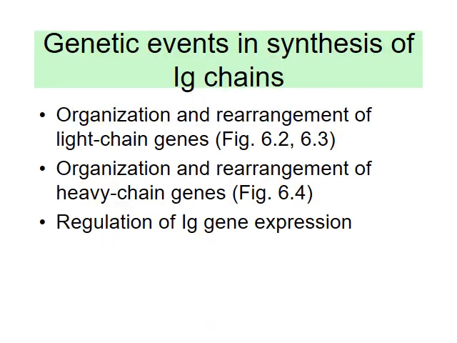Now, if you look at the genetic events in the synthesis of immunoglobulin chain, you will see firstly organization and rearrangement of light genes that we will discuss in figure 6.2 and 3. And then again, we'll talk about the organization and rearrangement of heavy chains, and then we'll talk about how these genes are regulated.